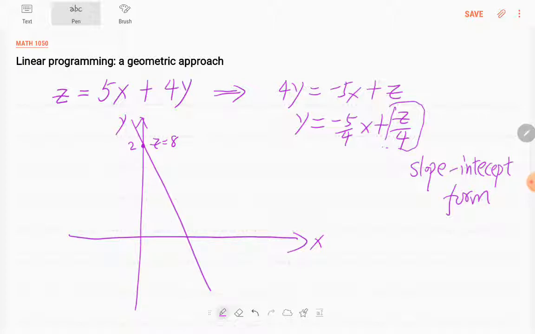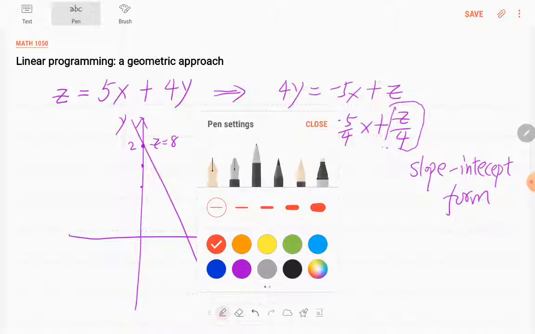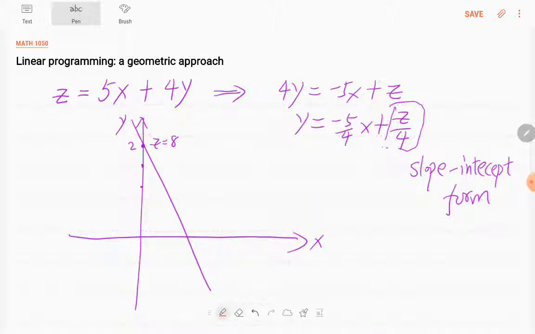If z equals 6, then it would be 6 over 4, which is 3 over 2. Then you have another line, in another color, which is parallel to this line because they have the same slope.